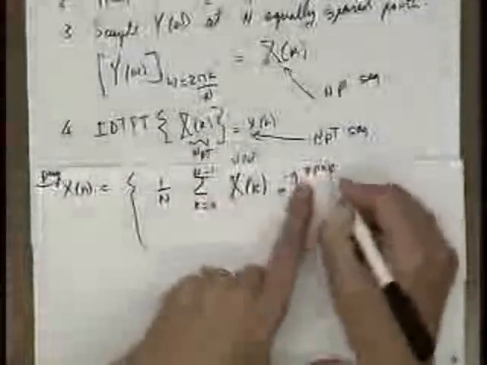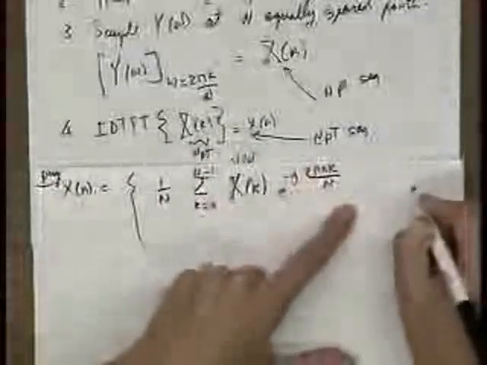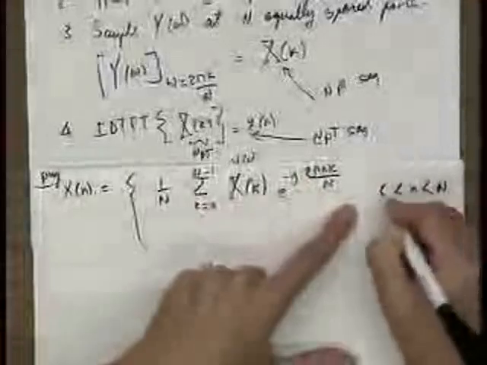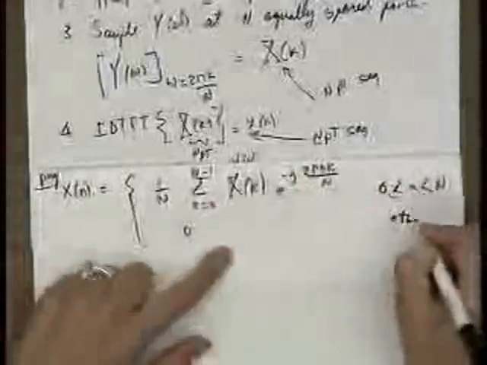So the definition is it's equal to 1 over N, summation from k equals 0 to N minus 1 of x of k e to the j 2 pi nk over N for n smaller than N, and 0 otherwise. That is because I'm taking an N-point inverse DFT of x of k, that's how x of n and x of k are related to each other.